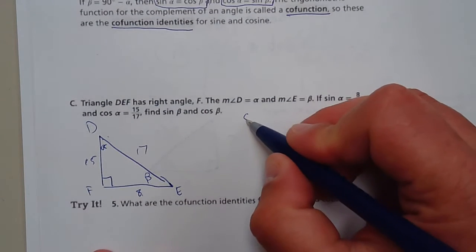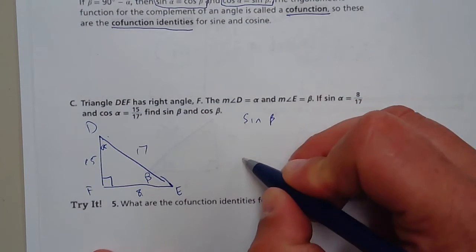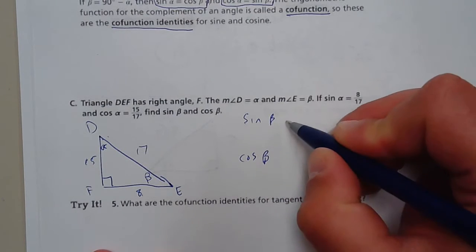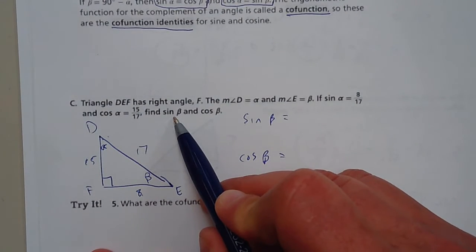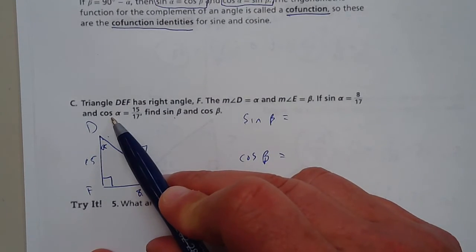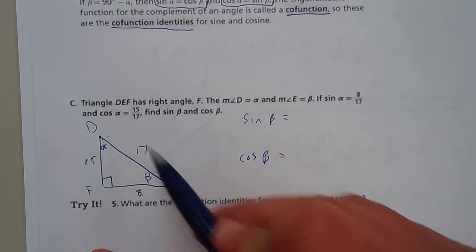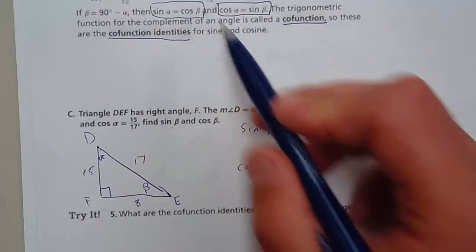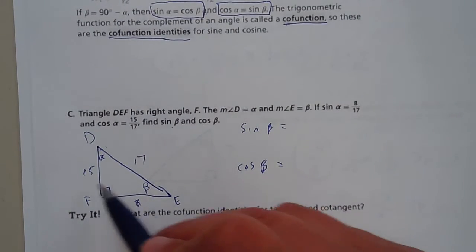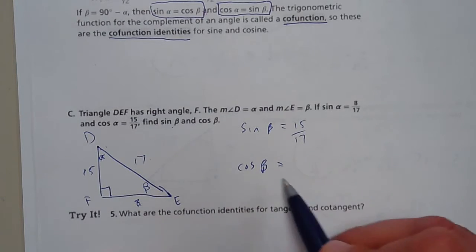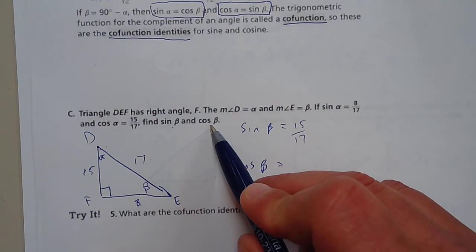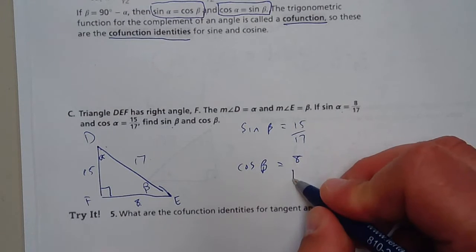So technically we don't need a picture to do this. I'm just kind of doing it to sort of show you how this all comes together. What we do know is sine of beta is going to match cosine of alpha. So it should match this one exactly. It should be 15 over 17. That's what our identities up here say. If you want to double check it, sine of beta, 15 over 17, does make total sense. Okay, and then same thing here. Cosine of beta should match sine of alpha, which is 8 over 17.